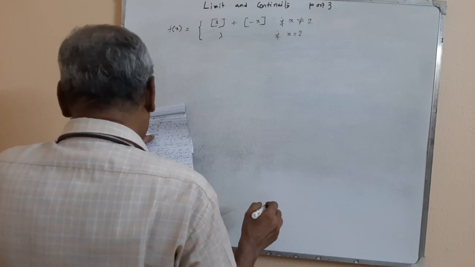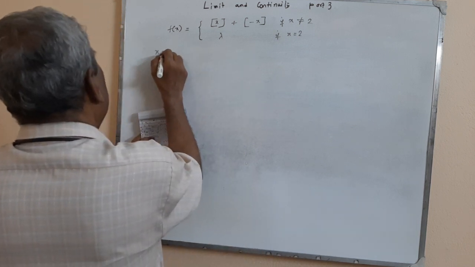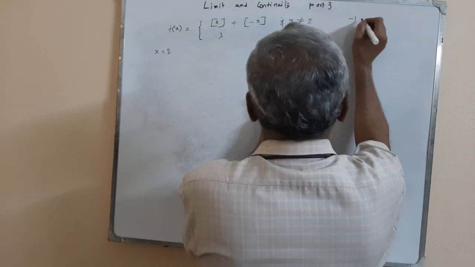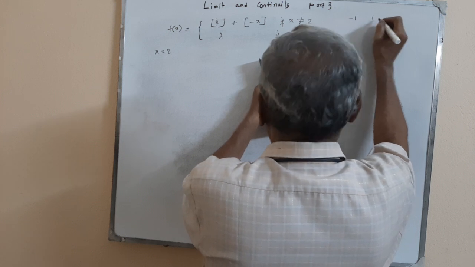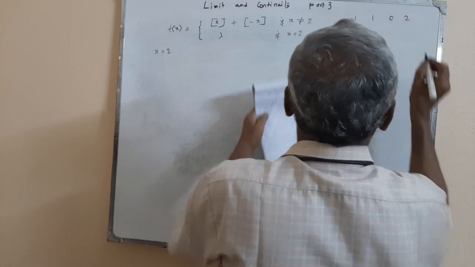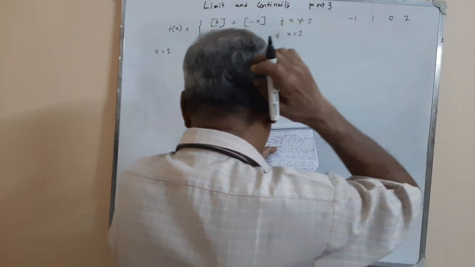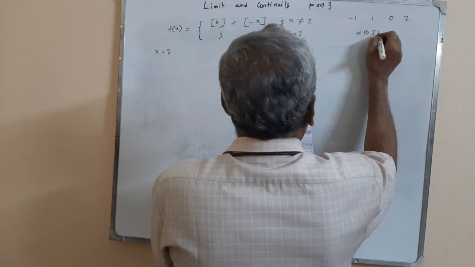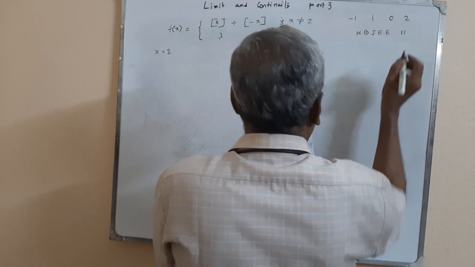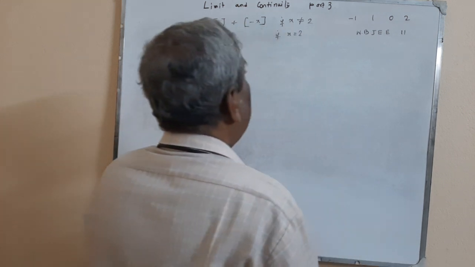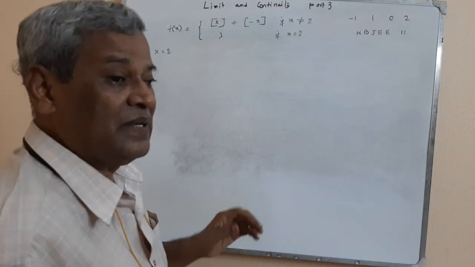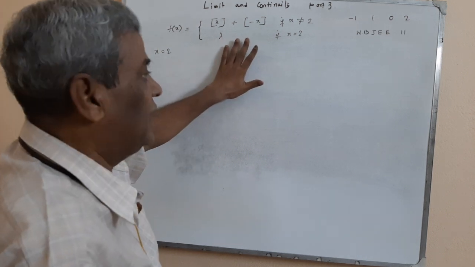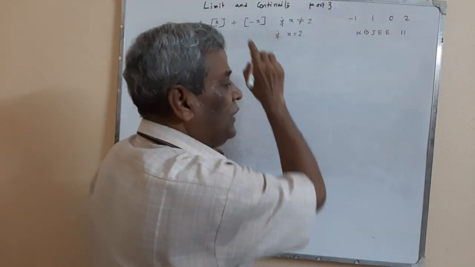Then, if fx is continuous at x is equal to 2, then lambda is, options: -1, 1, 0 and 2. And that problem was given in WB JEE 2011. Actually, I took that problem last day, but now you follow this one today. I am doing it properly.